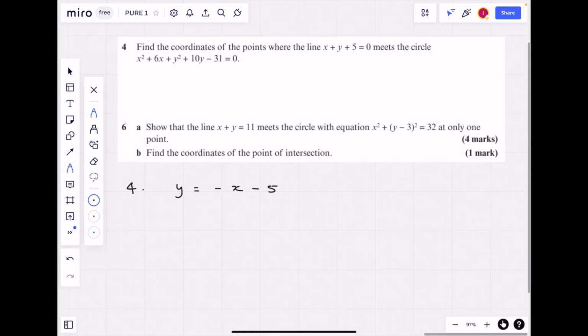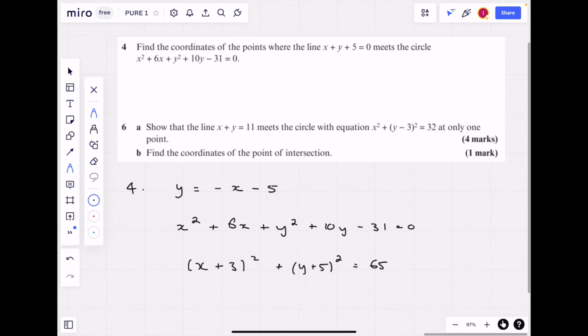Now, I can simplify that second equation by doing the completing the square method. So (x plus 3) all squared plus (y plus 5) all squared equals 65.